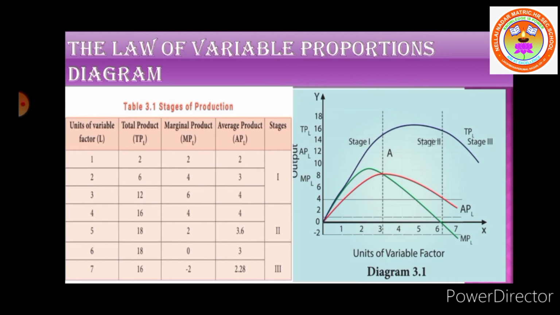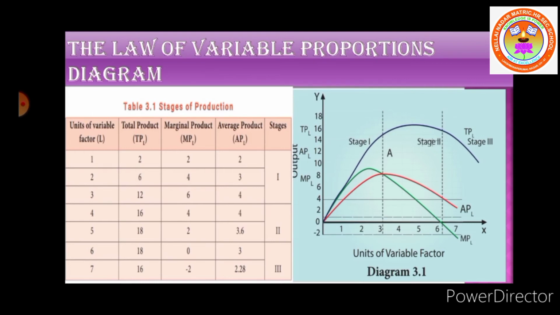The number of workers is measured on the x-axis, while on the y-axis total product, average product and the marginal product are denoted. The diagram explains the three stages of production: stage 1, stage 2 and stage 3, the increasing stage, decreasing stage and the negative stage.